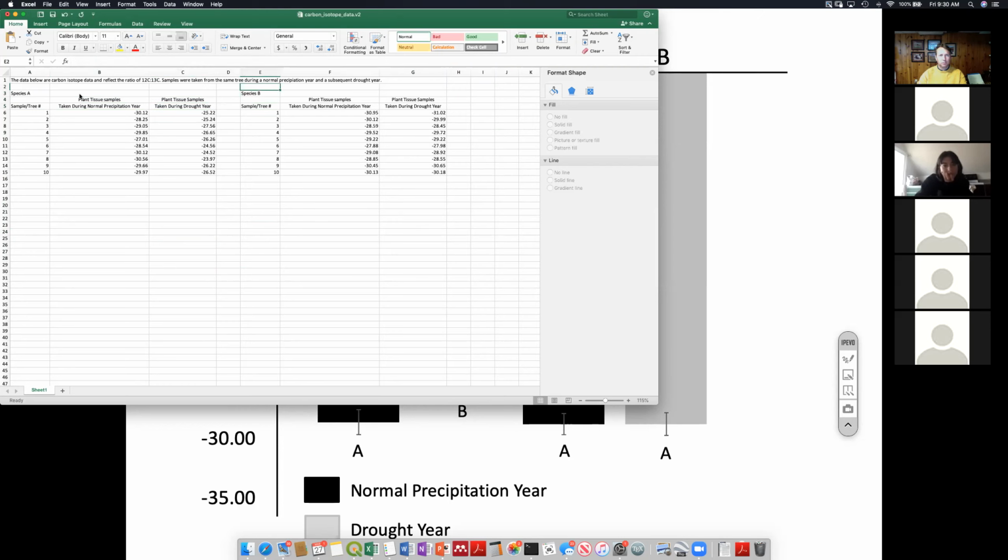Here's species B, normal year, dry year. So the first thing we need to do is go in and calculate the means and the standard deviations. I'll show you the Excel formula to do this, and then you guys will run with it. If you have questions, like something's not working, you can share your screen with me, and then I can help you figure out what we need to do. Or you can just ask me and I'll try and do it online so everyone can see it.